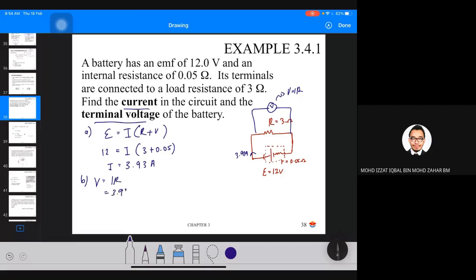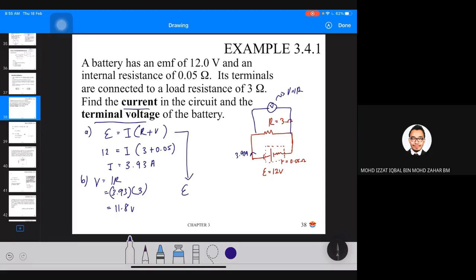So you can find the V inside this equation over here. So it depends on the given information lah. Kalau macam ni soalan dia memang kasih all the values, so you can choose lah. Either you want to use right hand side punya formula or left hand side. Dia tak kisah, dua-dua boleh.